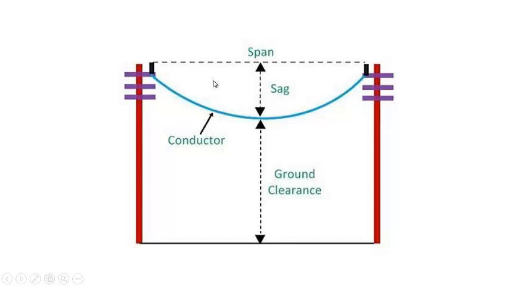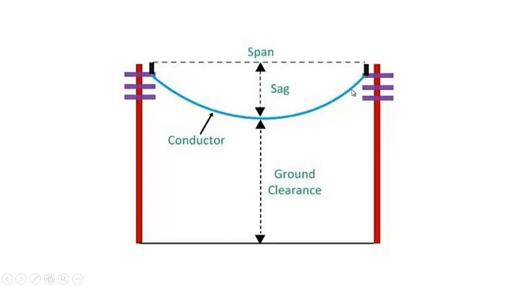One more thing: if the conductor is in a horizontal position, we are stretching the wire in such a way, we're applying a tension to this conductor in such a way that it becomes horizontal. You'll see that there will be two forces applying on this conductor. One is the tension that will be in the horizontal direction.